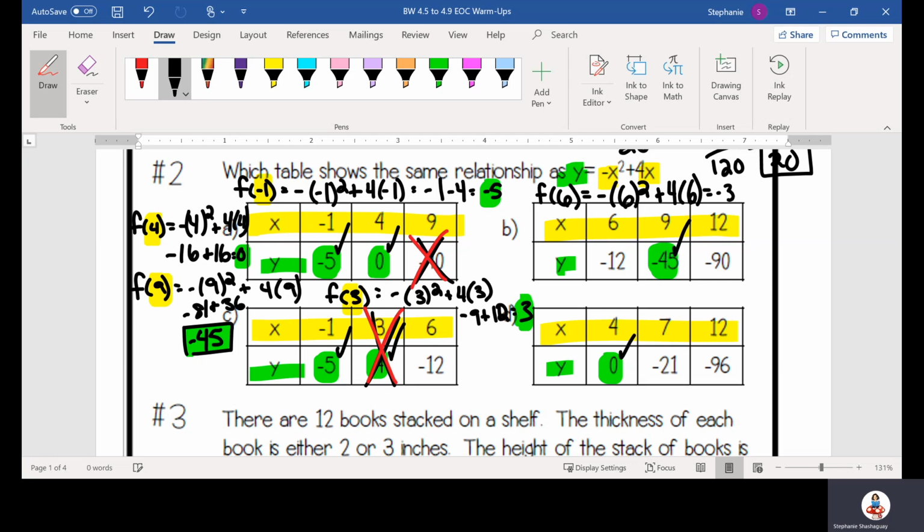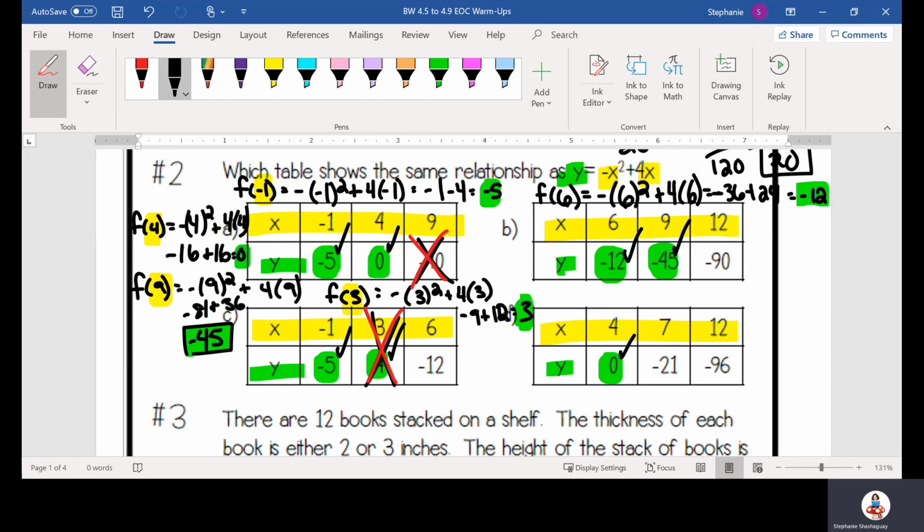That's going to be negative 36 plus 24, which is going to be equal to negative 12. So when my input is 6, my output is negative 12, so that checks out.